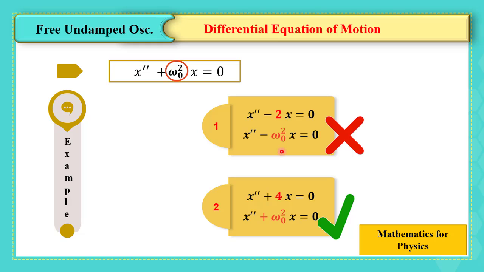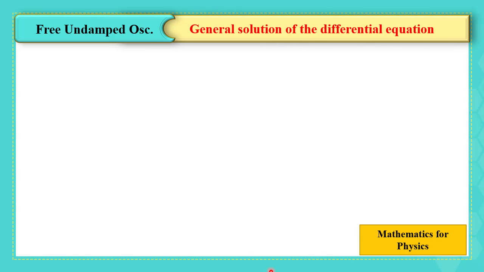This is not the case that we are going to study. Second example, x double prime plus 4x equals 0. Plus 4 is plus omega 0 squared in our situation, so it is a positive coefficient for x, then this is the case that we are going to study.